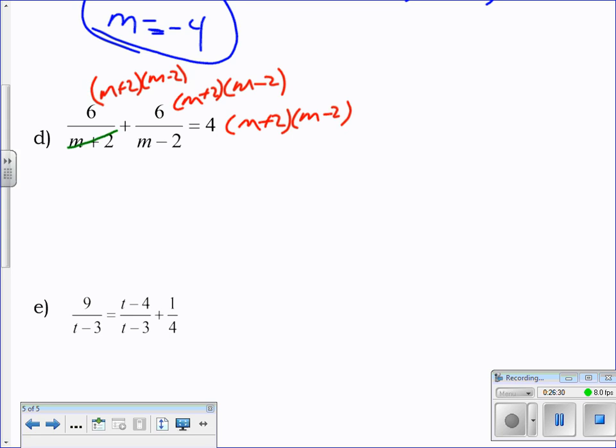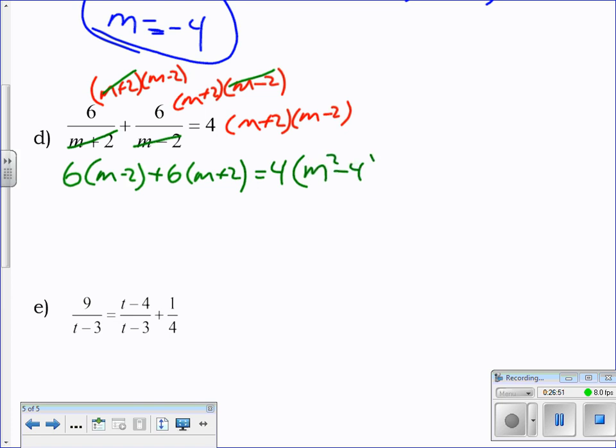And my m plus 2's here cancel, so I get 6 times m minus 2. My m minus 2's cancel. I get plus 6 times m plus 2 equals 4 times, and m plus 2 times m minus 2 is m squared minus 4.